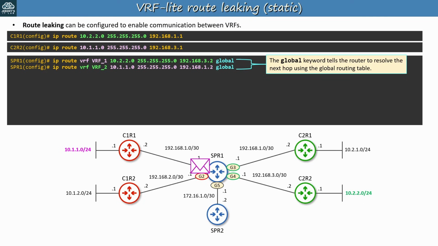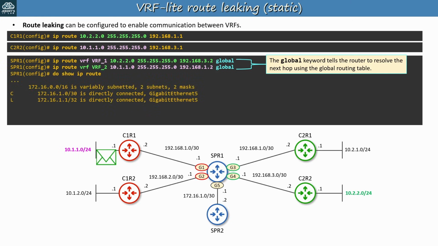So to send packets from VRF1 to 10.2.2.0/24, C2R2's LAN, SPR1 will forward the packets to next hop 192.168.3.2, and it will look in the global routing table to find that next hop. Similarly, to send packets from VRF2 to 10.1.1.0/24, C1R1's LAN, SPR1 will forward the packets to next hop 192.168.1.2, and it will look in the global routing table for that next hop.